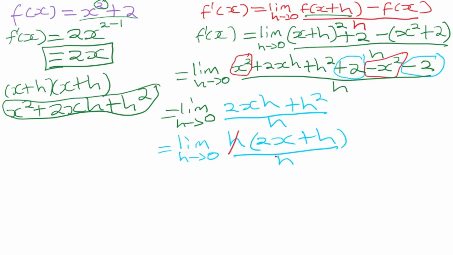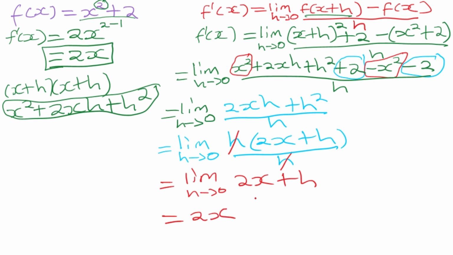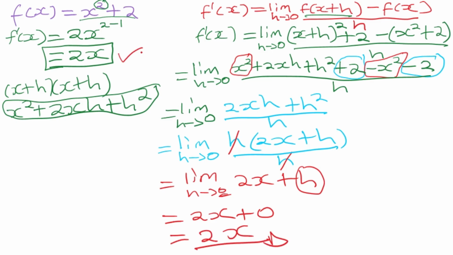Now h and h cancel, so what we are having is limit h approaches 0 of 2x plus h. Now you will have 2x, and this h you substitute by 0, so you will have plus 0, and therefore your answer is 2x, which is the same as the one that we got here.